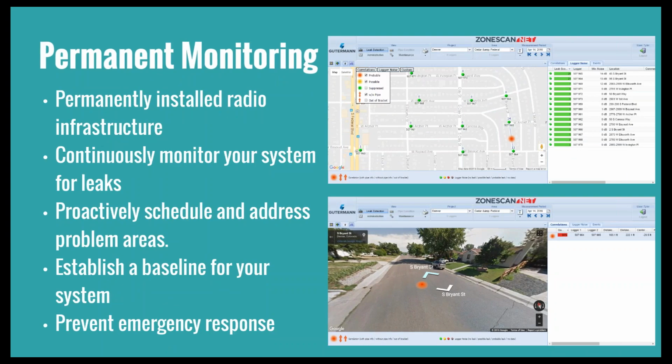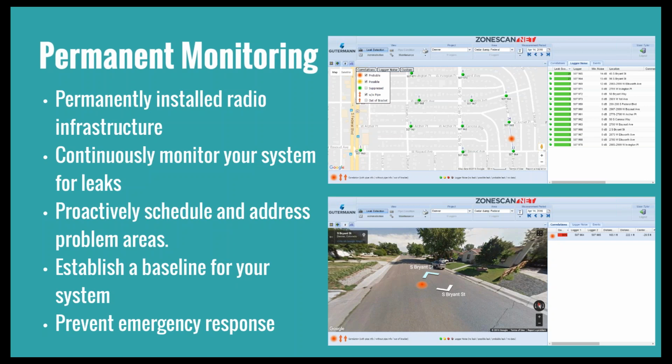So permanent monitoring, very similar. You set up loggers, you permanently install radios. So in areas where you have either high profile pipelines, a lot of these are set up underneath busy roadways, cities that have high density traffic areas and places where pipes are really critical, low redundancy, setting up permanent monitoring is a great idea.